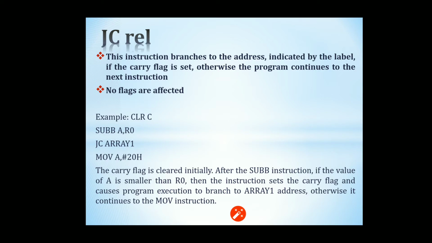For example, CLR C, SUBB A, R0, JC ARRAY1, MOV A, #20H. If the carry flag is clear initially, after the subtract instruction, if the value of A is smaller than R0, then the instruction sets the carry flag and causes program execution to branch to ARRAY1. Otherwise, it continues to the MOV instruction.